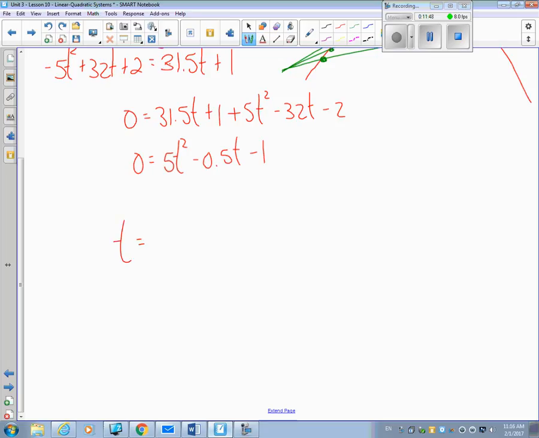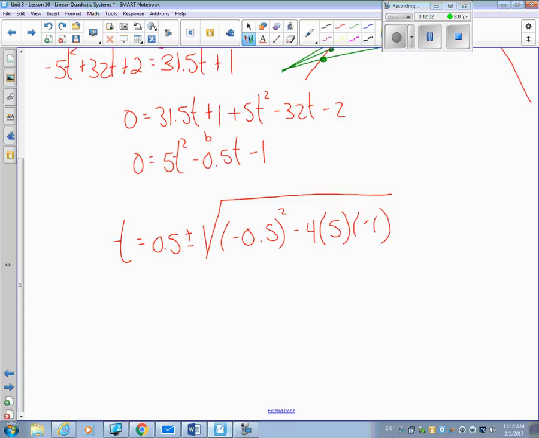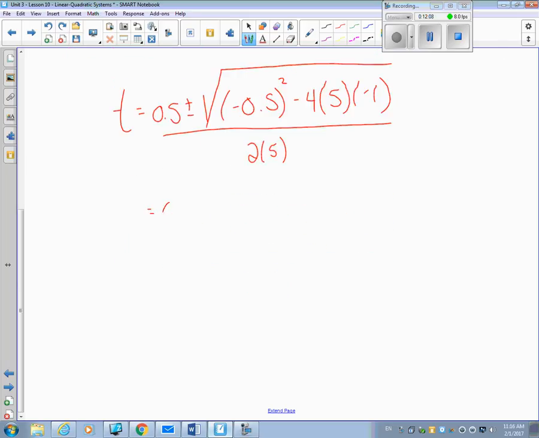I'm solving for t, so I need the negative of b, which is right there, plus or minus the square root of b squared minus 4 times a times c, all over 2a. And we'll do the math where we can do math.